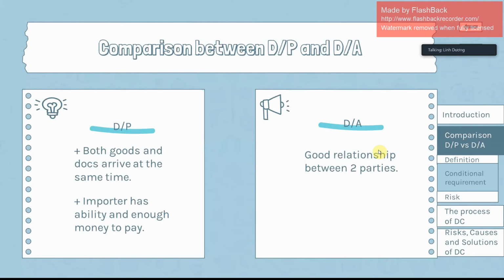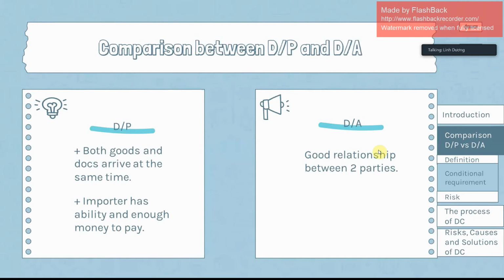Firstly, the exporter will prepare the documents. Okay, that's why you said that both goods and documents arrive at the same time. But you just explained that the exporter prepares the documents, but not arrive. That's why you make us confused. I was very confused when I saw this point.